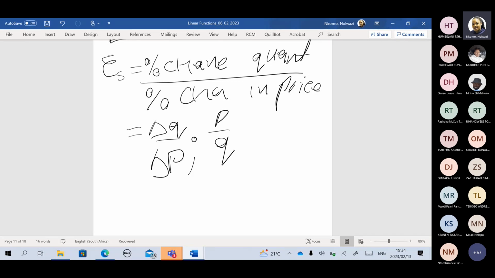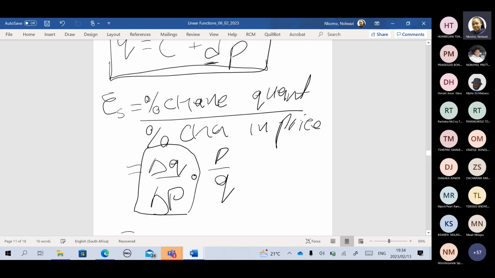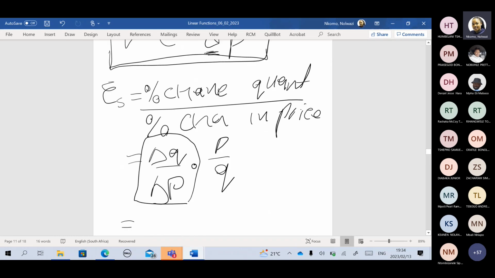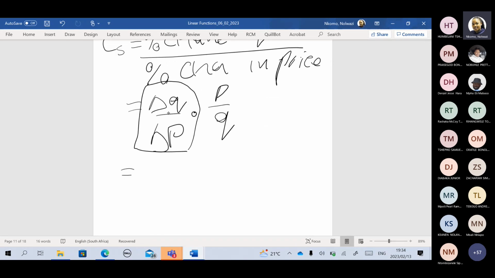And we remember we said this is the slope, and our slope for the supply function is equal to D. So rather than using change in Q over change in P, we can just use D. So this is our formula for calculating the elasticity of supply.